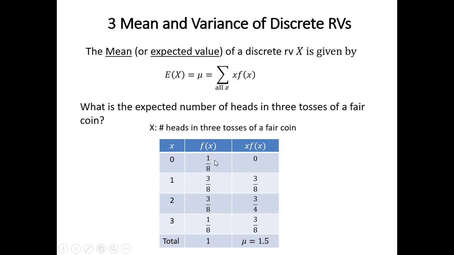It's easy to figure out these probabilities from basic concepts that we talked about back in chapter 2. And then to get the expected value, we take x times f of x. So you can see here, these are the products. As we go along, the first column times the second column, we get these products. And then down here, we sum these up. So we have the sum of the products.